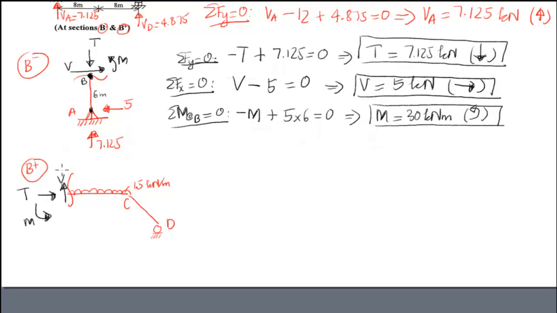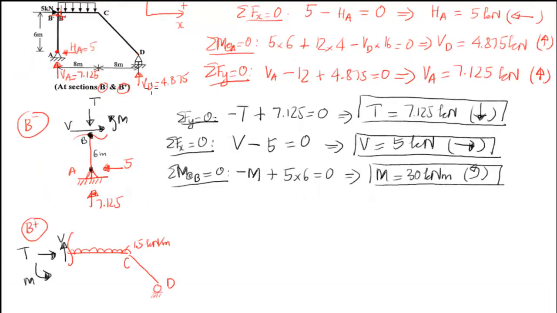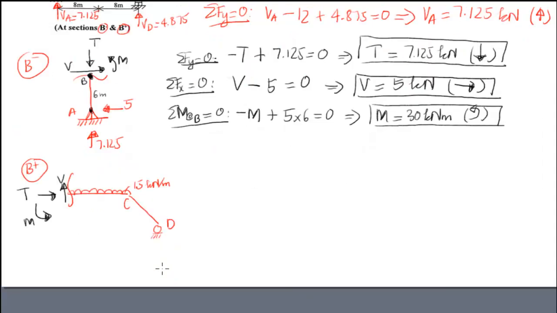So now we already got VD, 4.875, at the roller support here. So I'll put the 4.875 here.